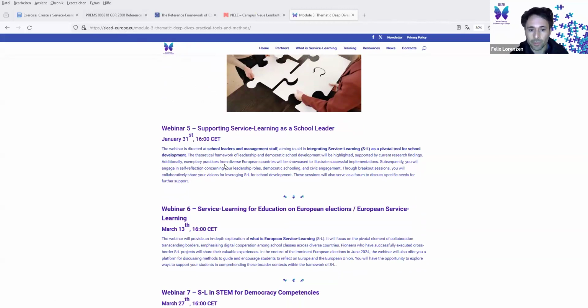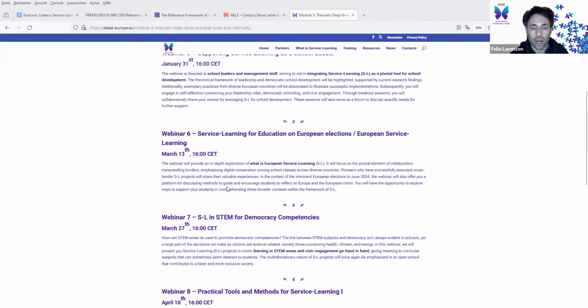We will have a seminar next week on the question, how can we use service learning to also raise awareness and increase discussions on the European elections, which are coming up in June of this year, and also the question of what is European service learning or cross-border service learning in Europe. This will be next week, next Wednesday at our usual time at 4 p.m. CET.